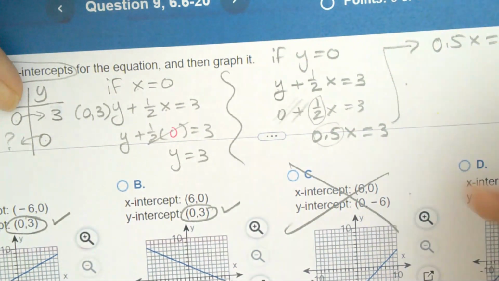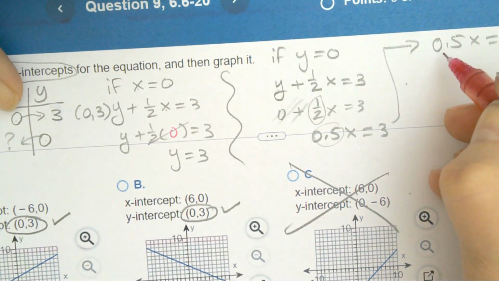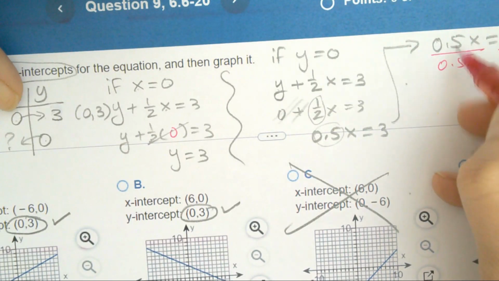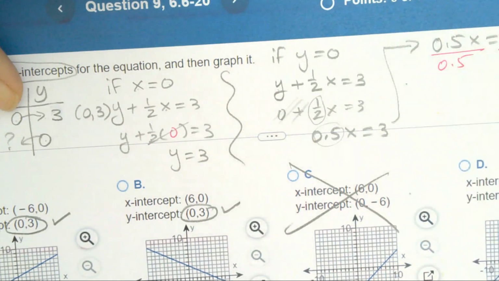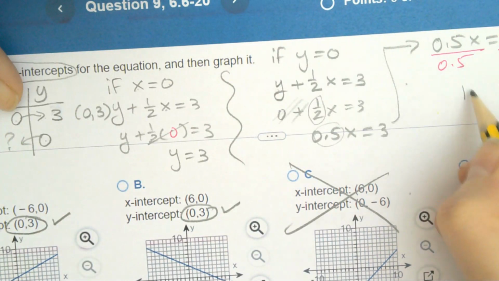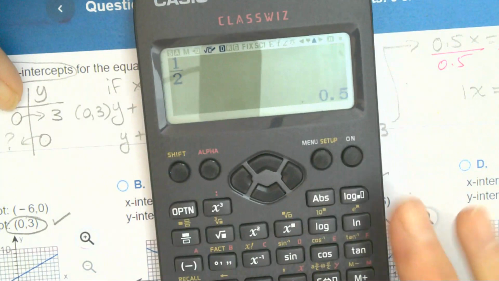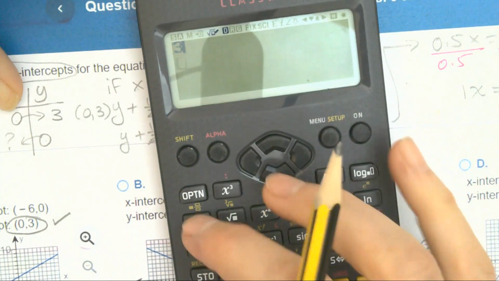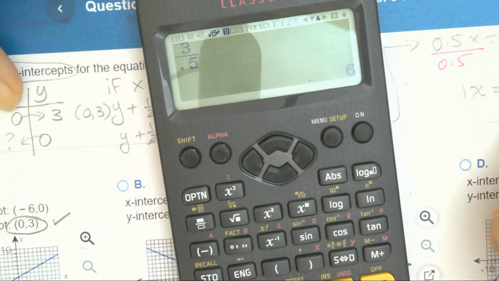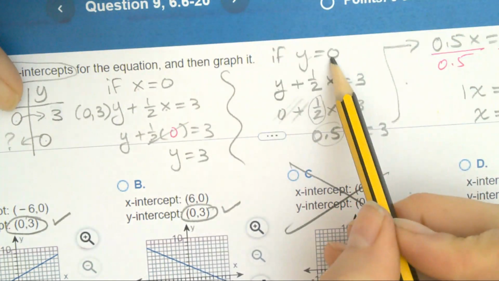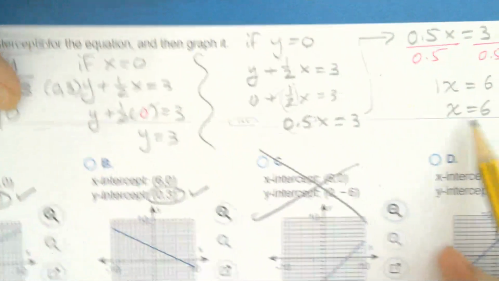So if x wants to be alone, I have to get rid of this. So divide by same over same. What's this over this? It's just 1. So that's really 1x equals, that's 3 broken in half. 3 over 0.5 is 6. So x equals 6. So if y is 0, x is, oh, you can't see.